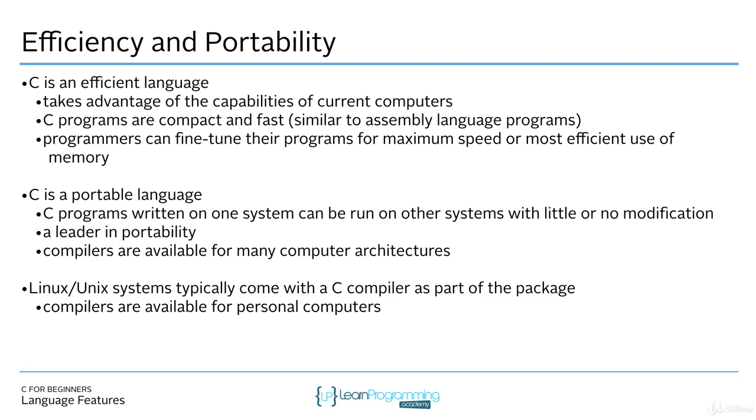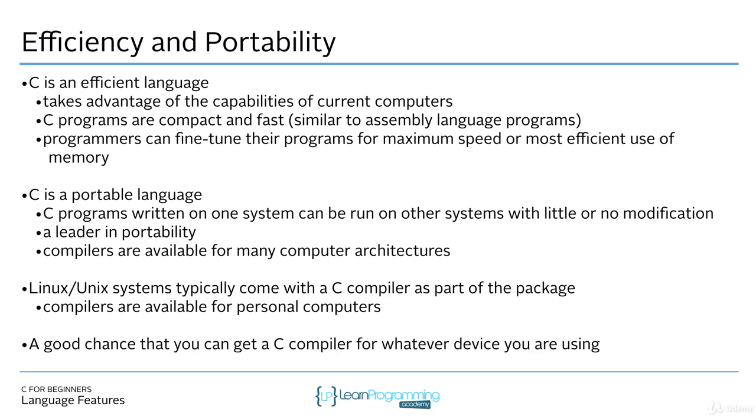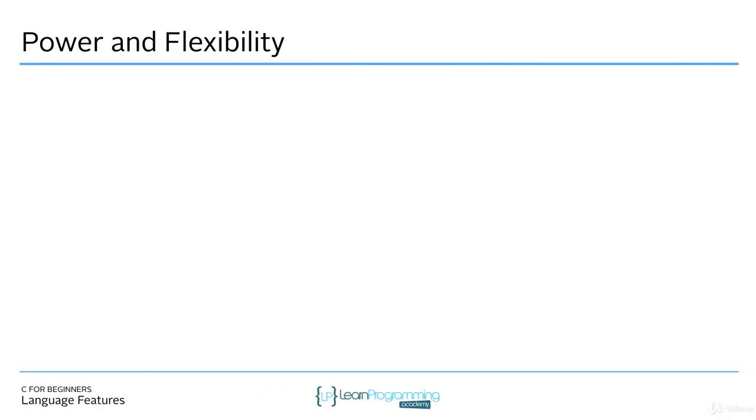They're also available, obviously, for Windows, but typically for Windows, you will have to download a compiler. And we're going to be doing that when we download our required software. So there's a good chance that you get a C compiler for any device that you're using. You could probably get a C compiler also for an Android device or an iOS device. Really low-level micro or mini computers as well, like processors in automobiles.